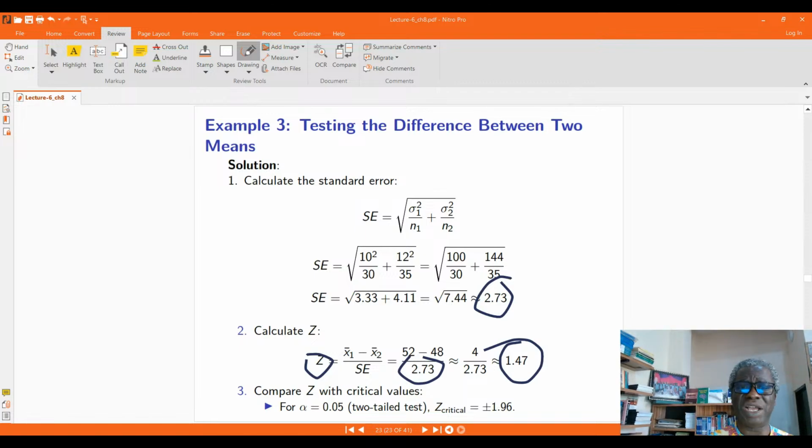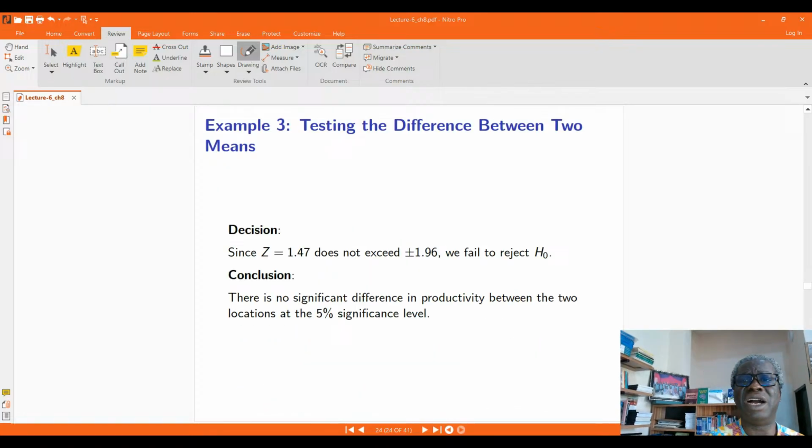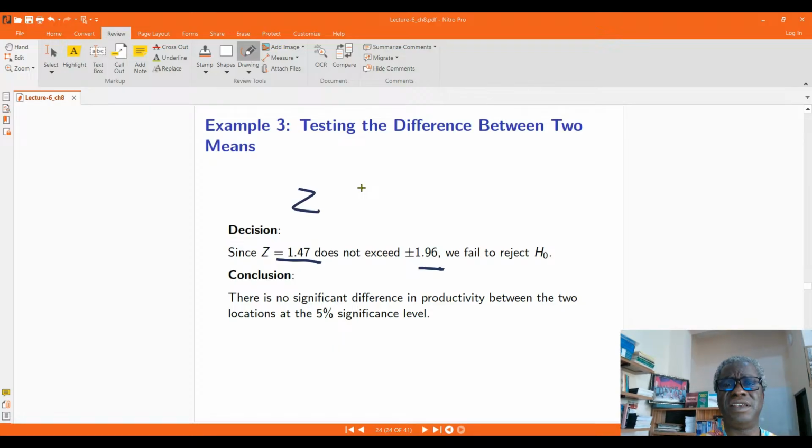So as usual, if your alpha value is 0.05, the critical value will be 1.96. And this is a two-tailed test, so we can consider plus or minus. So now we can take a decision, because our Z is 1.47, and this is less than 1.96.